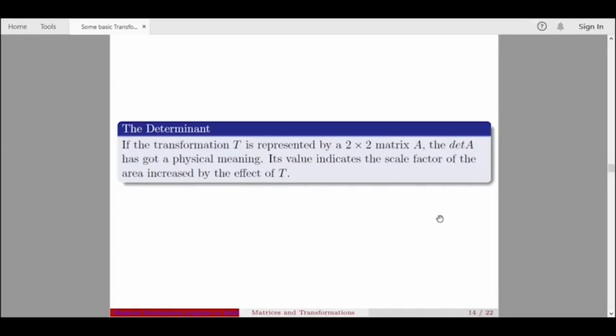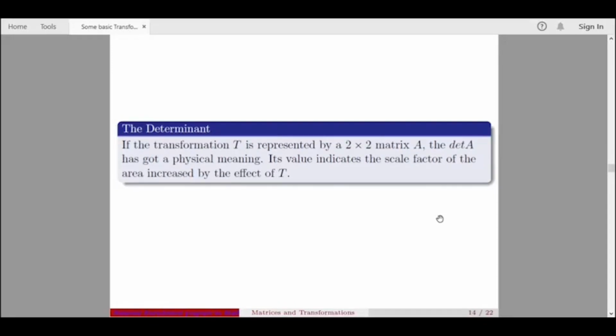We will see an example. Say the matrix A is [1 0; 0 2] and A acts on these points: (0, 0), (2, 0), (2, 2), (0, 2). These are 4 points in R2, so actually it represents a square in R2. Under this matrix multiplication, it is transformed to (0, 0), (2, 0), (2, 4), (0, 4), and this is actually a rectangle.